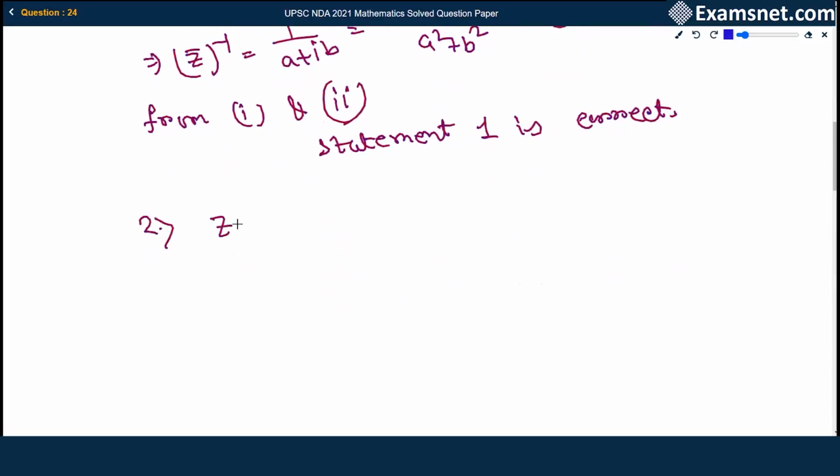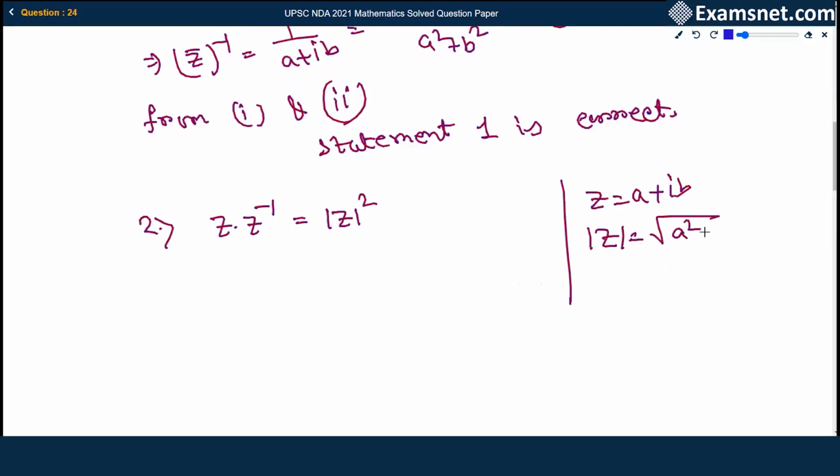That is, the product of z and z inverse equals to mod z whole square. First of all, if z equals to a plus ib, then the modulus of z will be root under a square plus b square. So obviously mod z whole square will be a square plus b square, right? Now let's start with the solution.